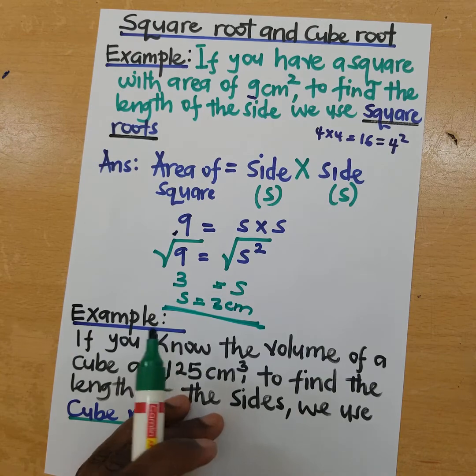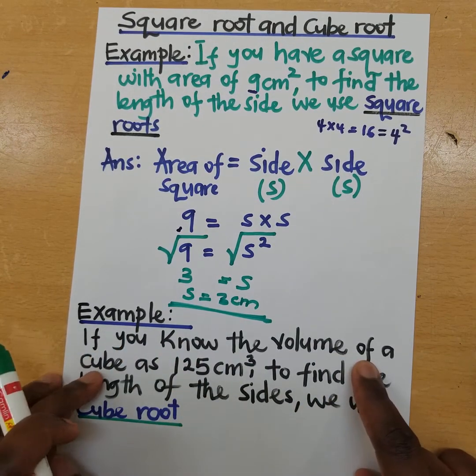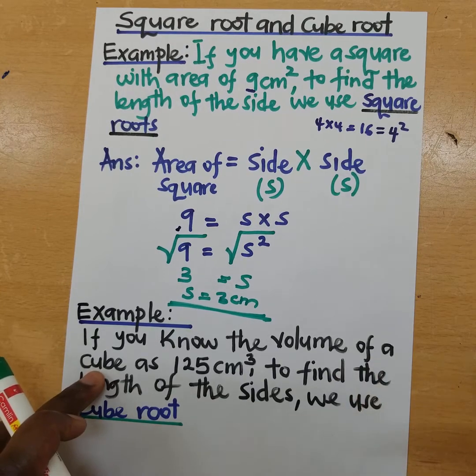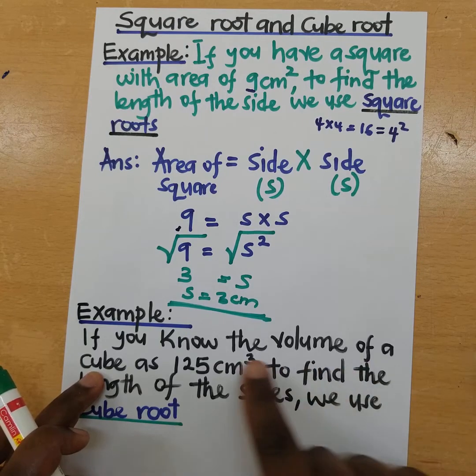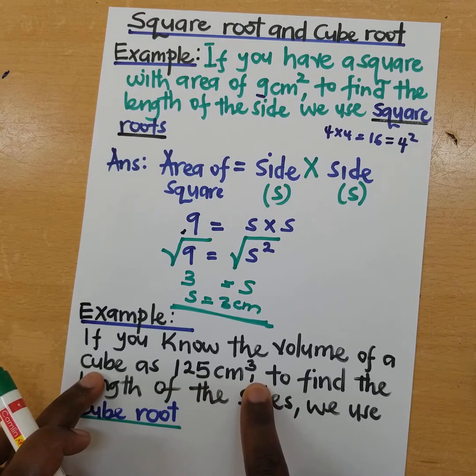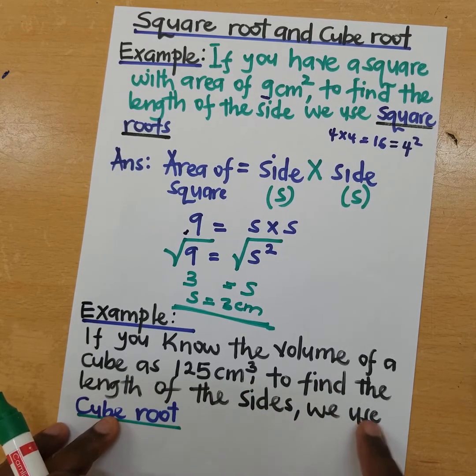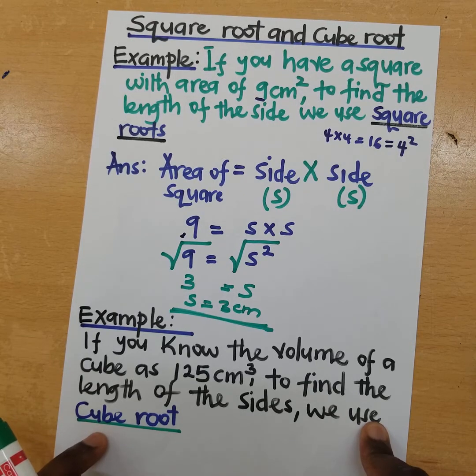Similarly, a cube is a shape that has all its sides equal. So if you know the volume of a cube as 125 centimeters cubed, to find the length of one of the sides, we need to use what we call the cube root.